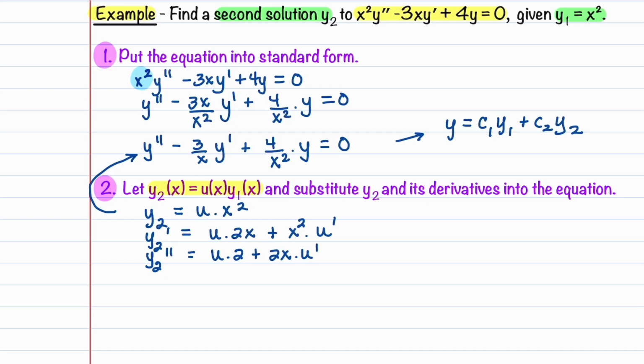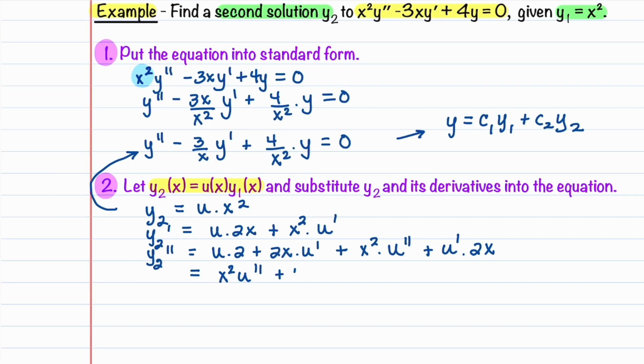Now let's look at the x squared u prime. Using the product rule, it's the first times the derivative of the second, plus the second, u prime, times the derivative of the first, which is 2x. Let's simplify this. This is x squared u double prime, and then we have a 2x u prime and another 2x u prime, so that is 4x u prime, and then we have a 2u.